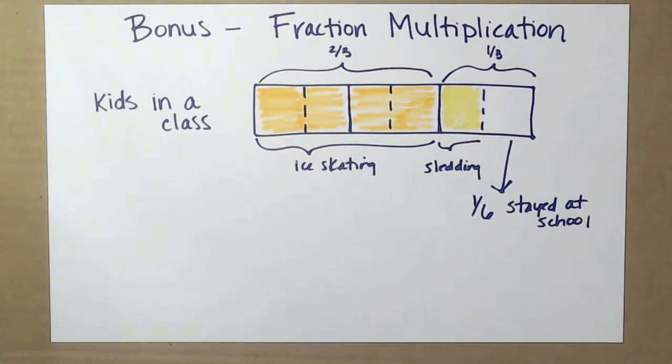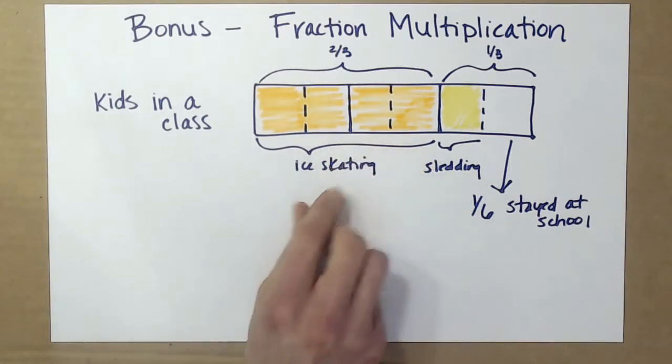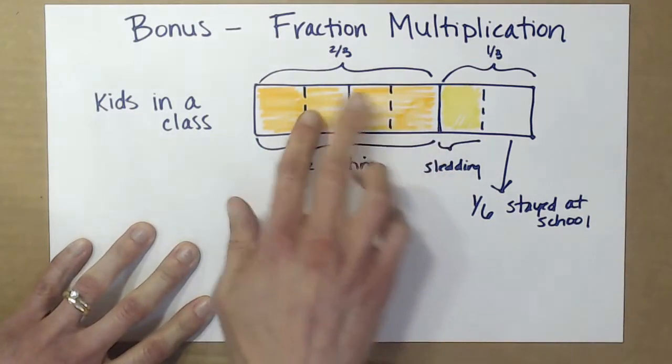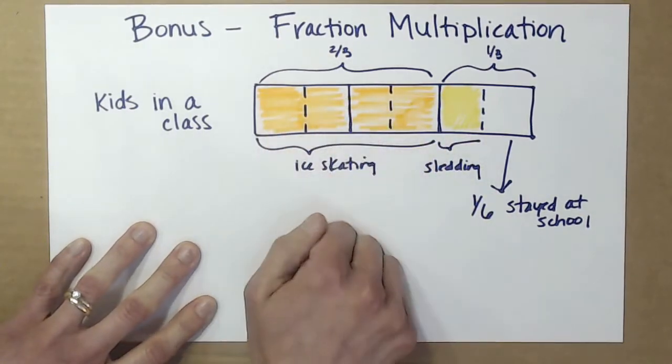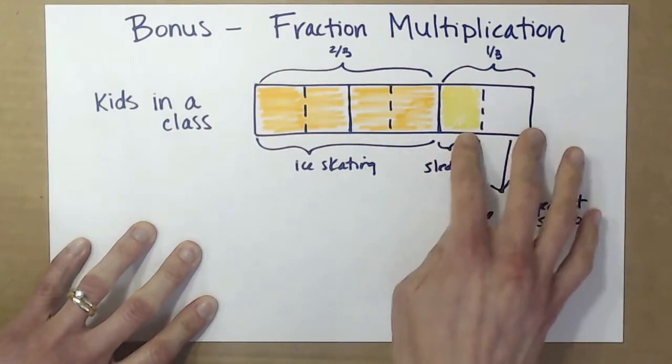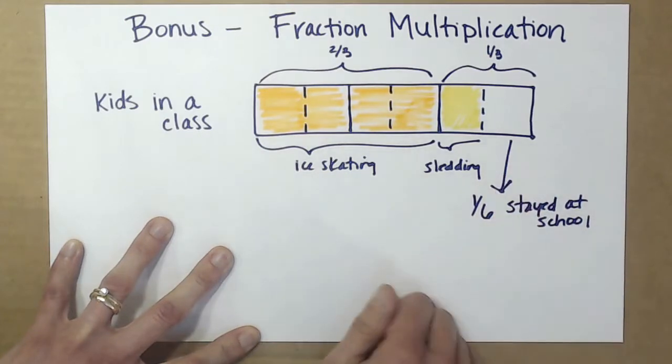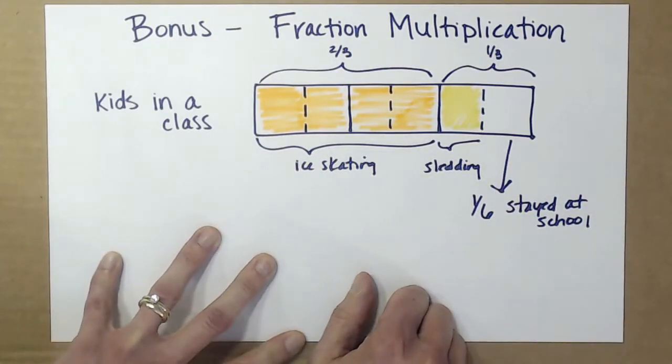So this last problem we did is a really good example of fraction multiplication. So I just want to take a minute to expand on that. So this last problem, let's look again at what we were solving. We have kids in a class, 2/3 went ice skating. This is a third, this is a third. 2/3 went ice skating. We have a third left. A half of those kids went sledding and a half stayed at school. Our question was, what fraction stayed at school?